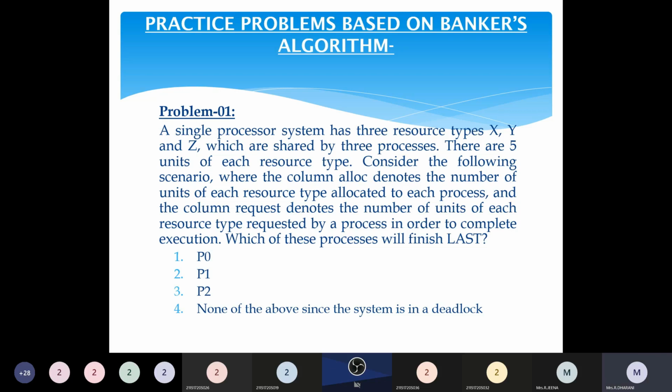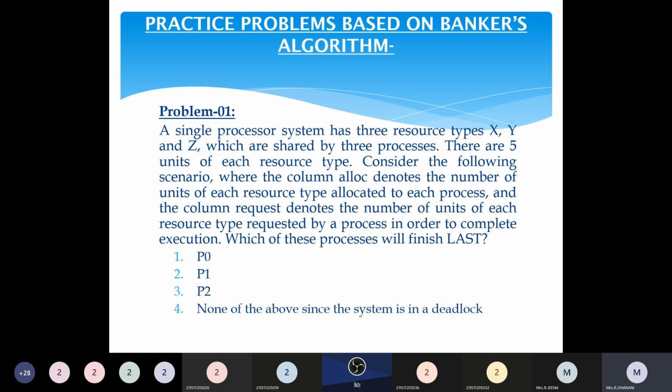There are 5 units of each resource type. X is equal to 5, Y is equal to 5, and Z is equal to 5. Consider the following scenario where the column allocate denotes the number of units of each resource type allocated to each process, and the column requested denotes the number of units of each resource type requested by a process in order to complete execution. So which of the processes will finish last?